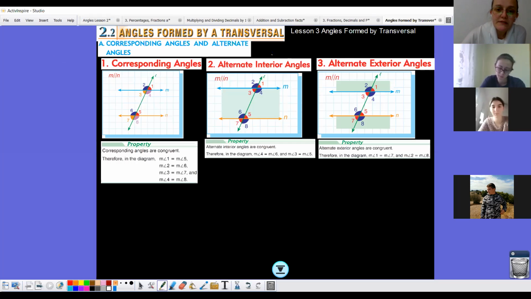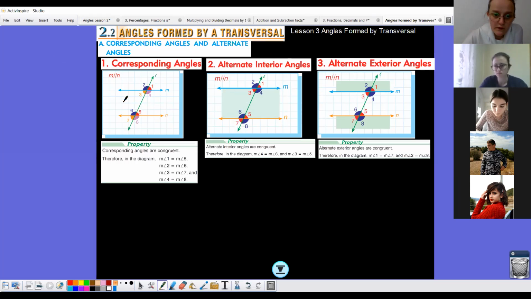Angles formed by a transversal, corresponding angles and alternate angles. First subtitle. Here, as you see, can you see these figures clearly? Yes, teacher. Okay, so as you see here, there are 3 lines, M, N, and L. It's given that M and N are parallel.